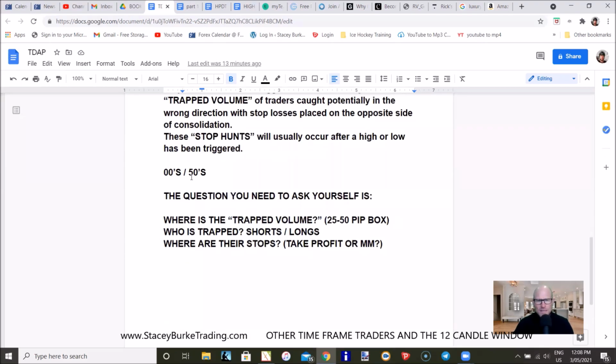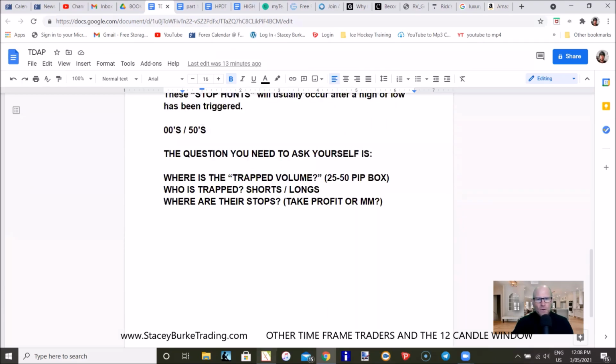Double zeros and 50s can have a major impact depending on, again, the instrument that you're trading. The pound, gold loves double zeros. The question you need to ask yourself is, where is the trap volume? Who is trapped? Is it shorts or longs? Where are their stops? And then going from there.